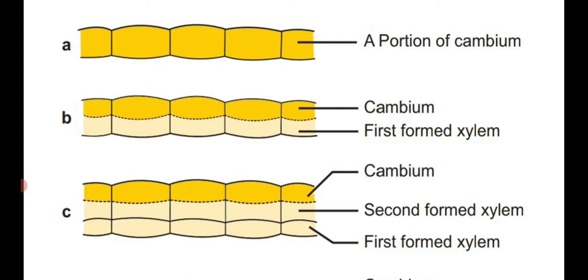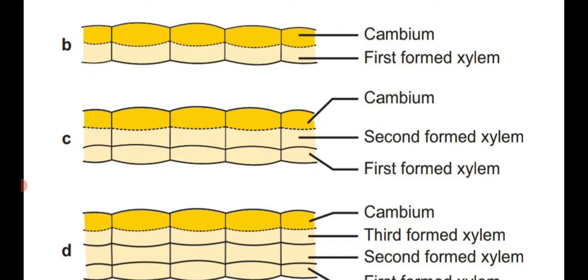That is known as first formed xylem. Just now I told you this vascular cambium cuts off and produces new cells both on the outer side and inner side. Outer side it produces secondary phloem. Inner side it produces secondary xylem. So inner to the cambium they are producing one layer that is known as first formed xylem.